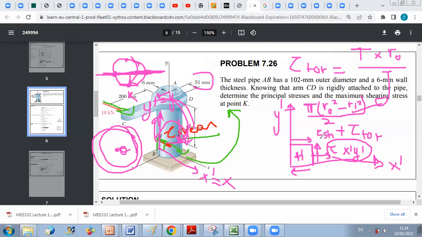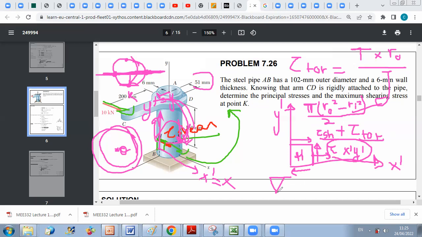I add the effect of shear and torsion to get the total shear stress, and I don't have a normal stress, so I am in the plane of maximum shear. I have zero normal stress, and I have only shear stresses.